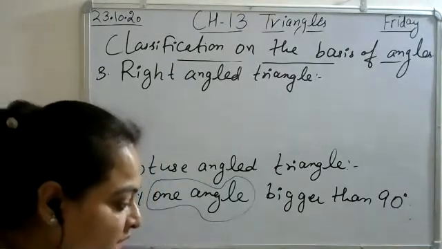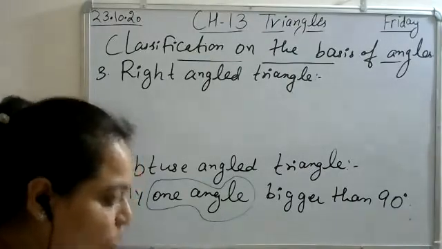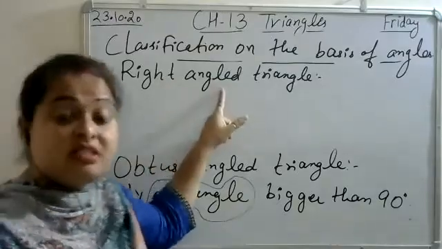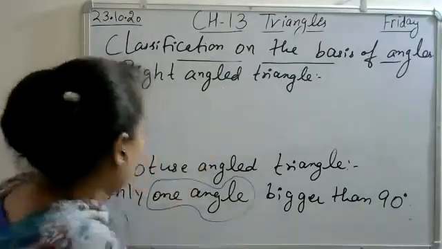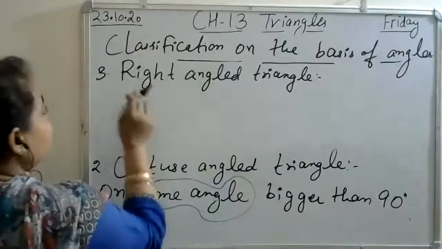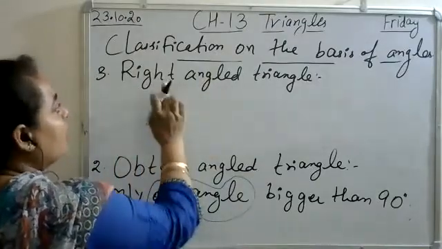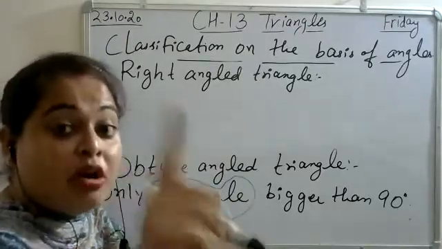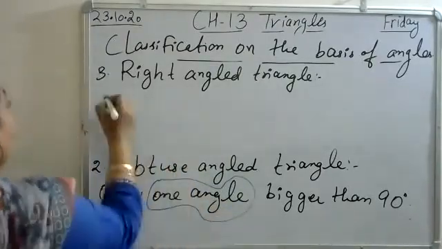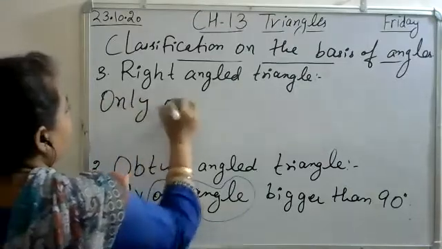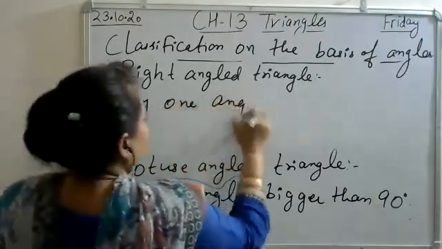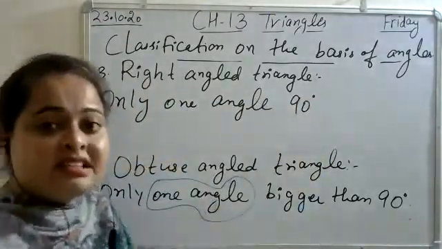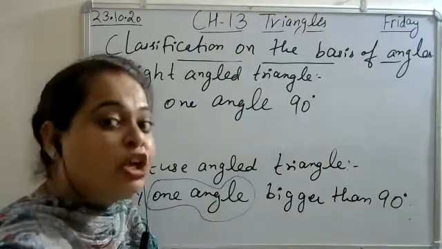Very good, very good. 90 degree. Well done. So, right angle means 90 degree angle. A right angled triangle is a triangle in which we have only one angle of 90 degree, and the remaining two angles are acute.